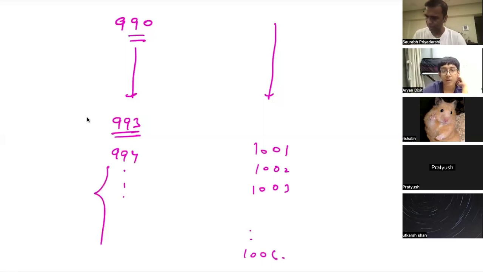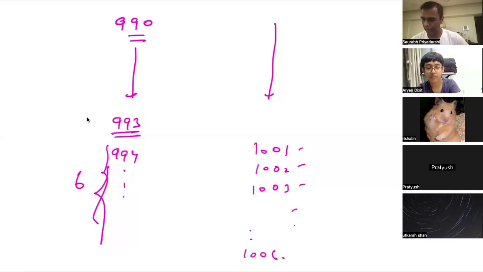So this gap is huge, right? 6. So 993 is the number.